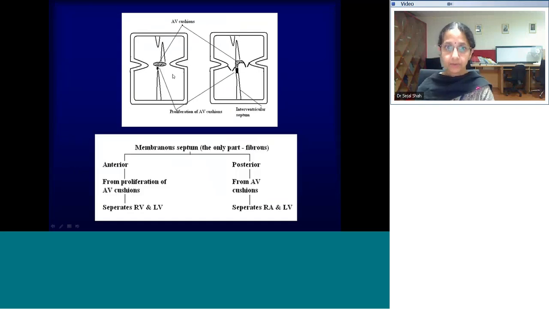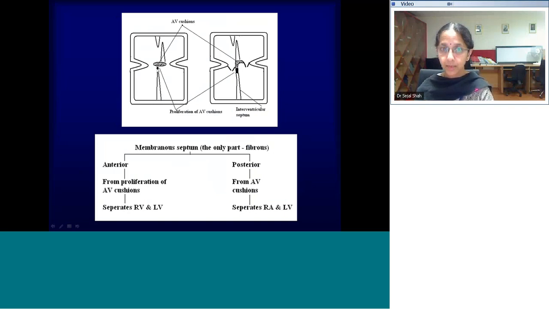Now going a little more into the atrioventricular cushion, if we see here, this is the atrioventricular cushion. This is the septum secundum, this is the septum primum. And you have the interventricular septal tissue growing from down towards the atrioventricular cushion. The AV cushions also proliferate.